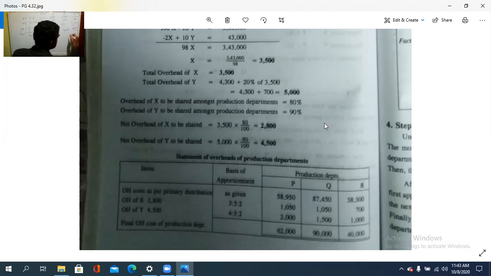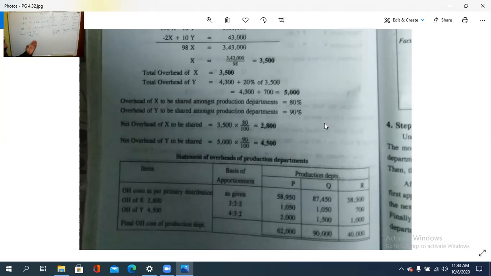So understand, students, how it is to be done. Firstly, we need to prepare a simultaneous equation so that we get the value of one variable, then we apply that to the other equation. Then we get the other value, and based on that we apply the percentage. So we receive two values for X and Y. After that, how much is shared among the production departments? Other than that, from 10% or 90%, 20% or 80%.